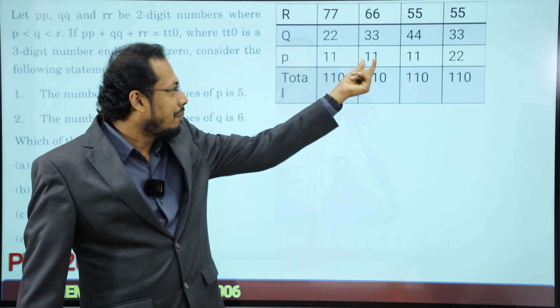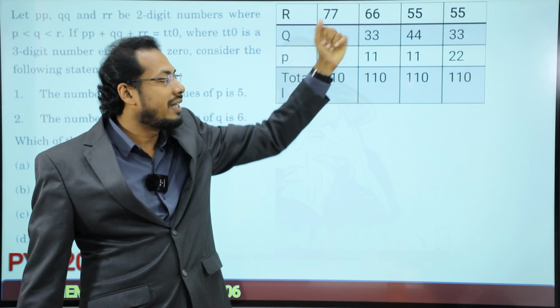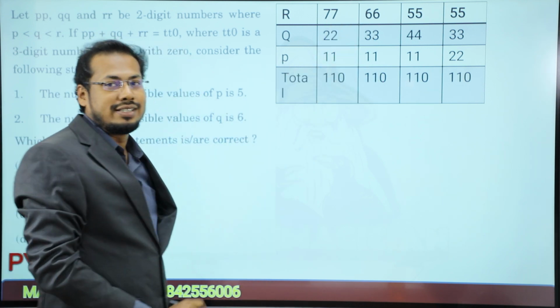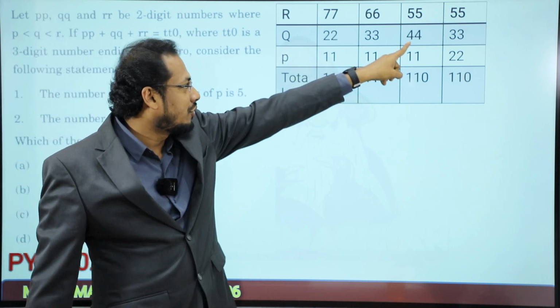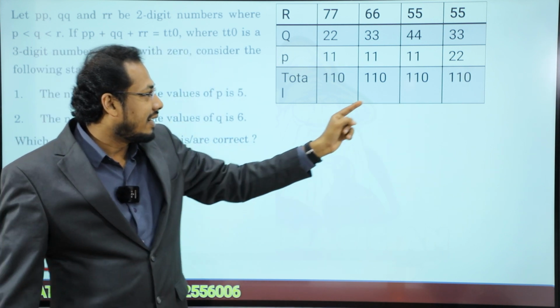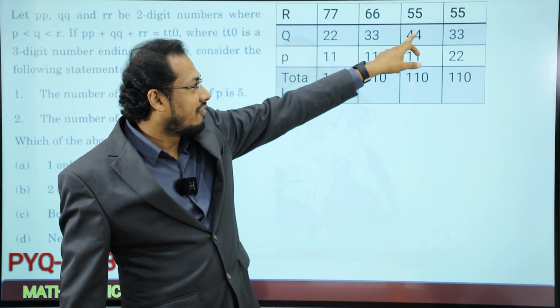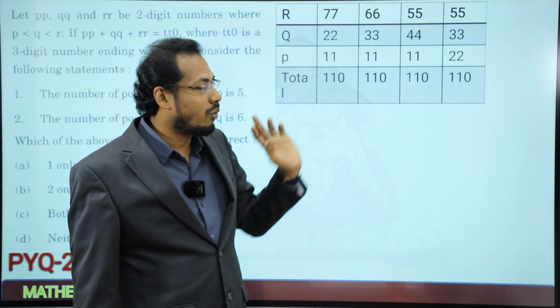Then if I take the same P as 11, and here instead of 2 take 3, then automatically if I add 6, the total will be 110. Then another combination, if P is 11, Q is 44, R is 55, I can get 110. Then if I again take 11 and here 55, there is no option. So there are only 3 possible for 11.